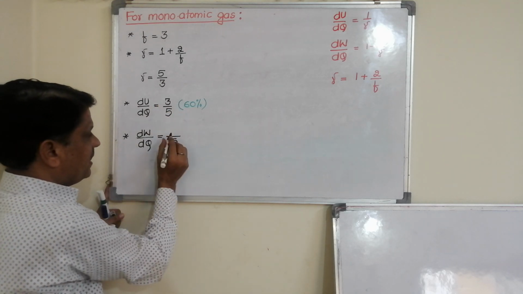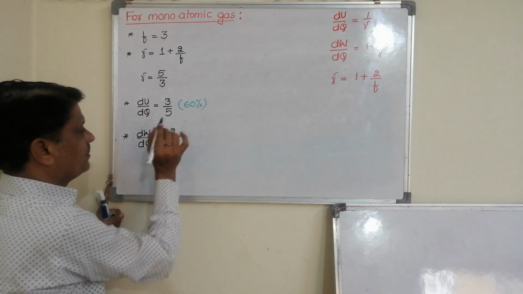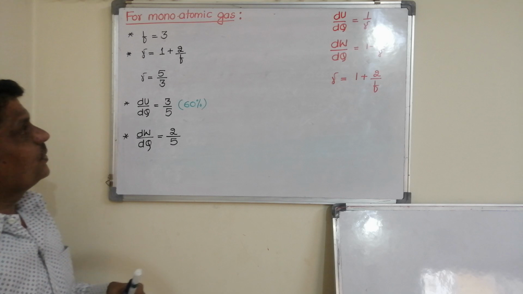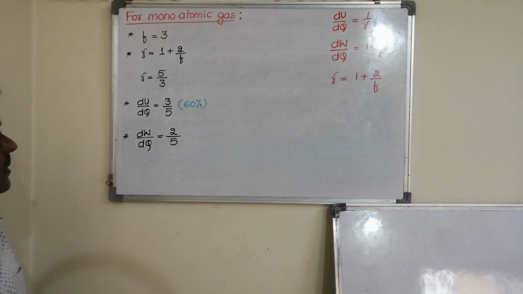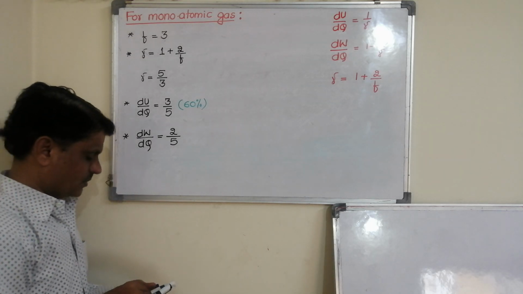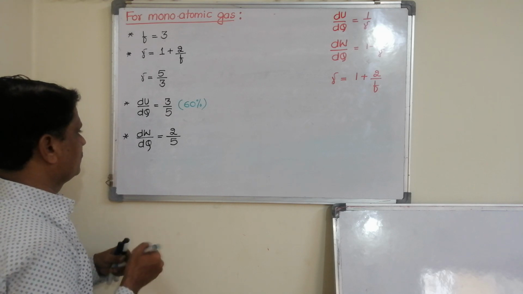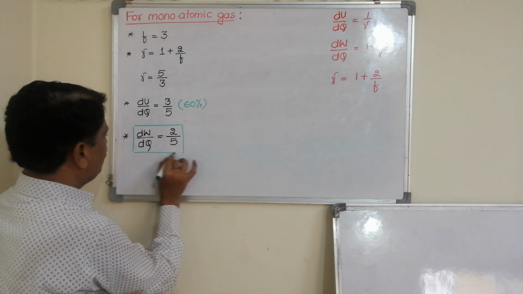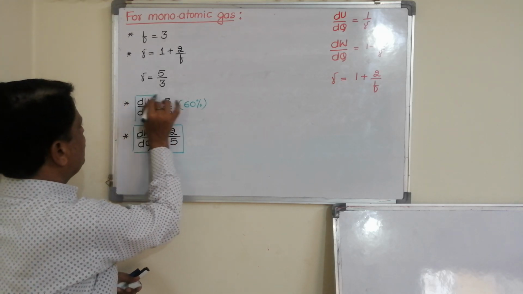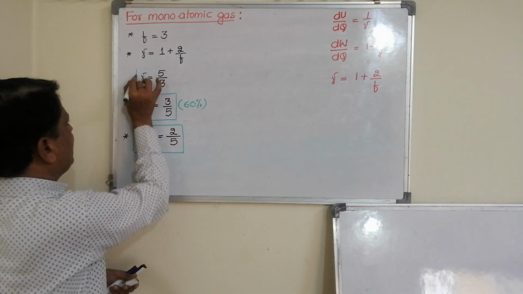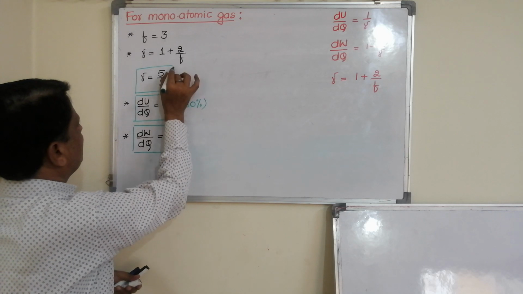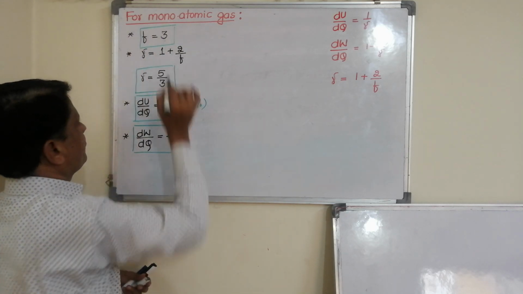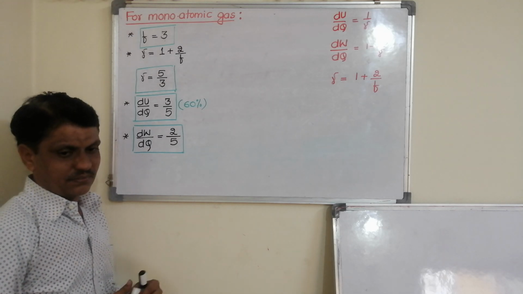Then if it is 3, it must be 2. Please verify. This is for monoatomic gas, right? This is dW by dQ. This is dU by dQ. It is gamma and it is F, right? Please note down.